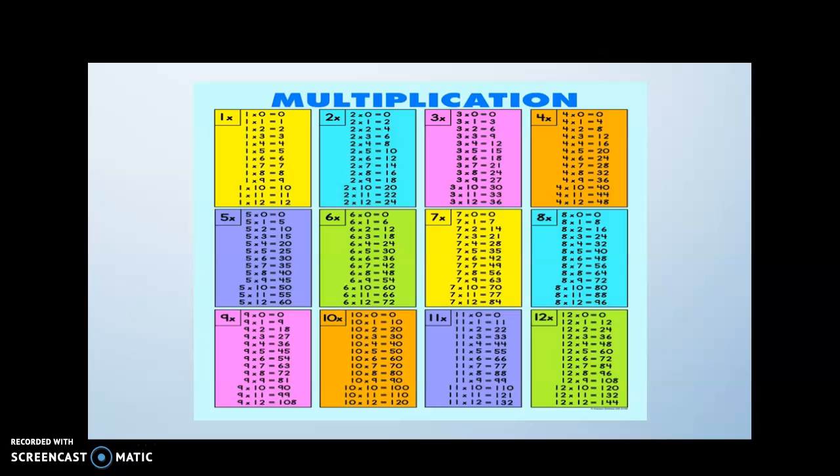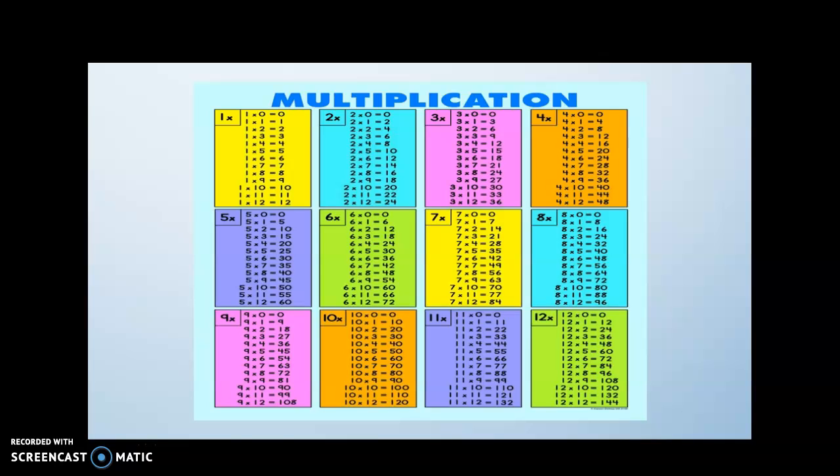This multiplication table is to help you to learn your multiplications, and it will act as an aid for you when you're working through your word problems, when you're working through your worksheets, when you are working through the in-class assignments. So make sure you keep this multiplication table as a reference, a page you can go back to and check your answers.